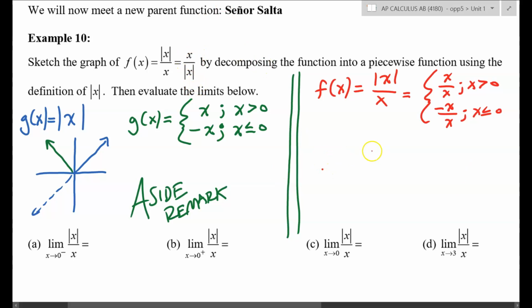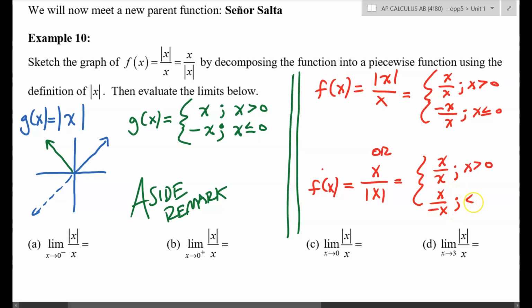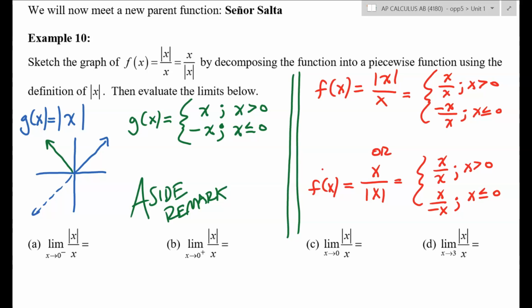So if we wrote it the other way, or if we wrote it this way, then that would have been the same as that, right? So no difference within the two equations. You guys agree with that? The way they were written as piecewise functions.